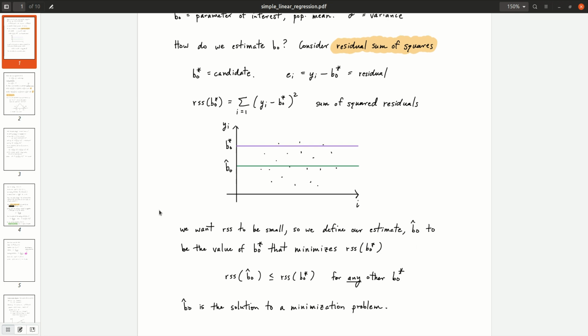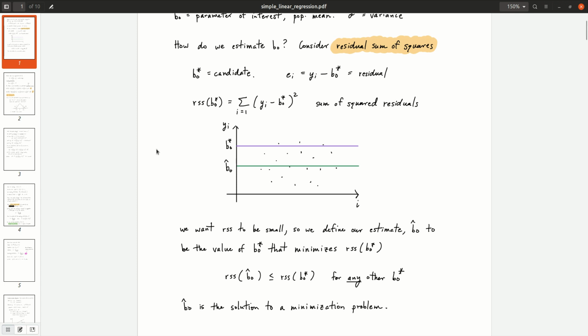Okay, so this might seem like we're overcomplicating things a little bit. We want to estimate a population average. Why don't we just take the average of the data and use that? The reason for introducing this concept is that when we go to more complicated models, like the multiple linear model, there's not going to be an intuitive, easy to express formula for what the estimate should be.